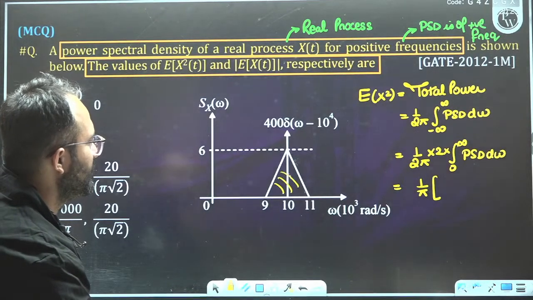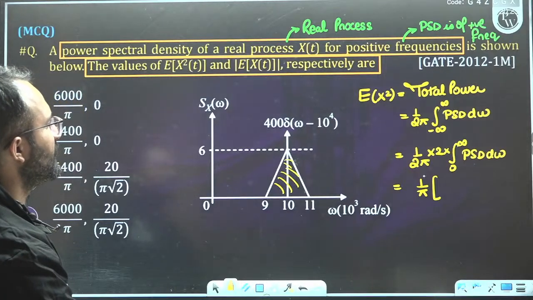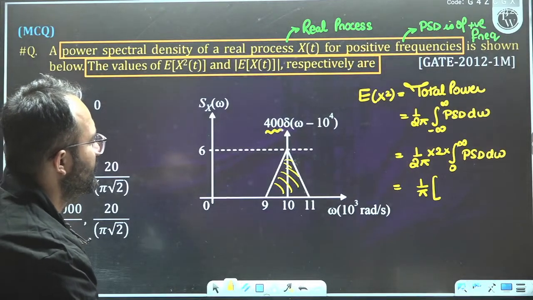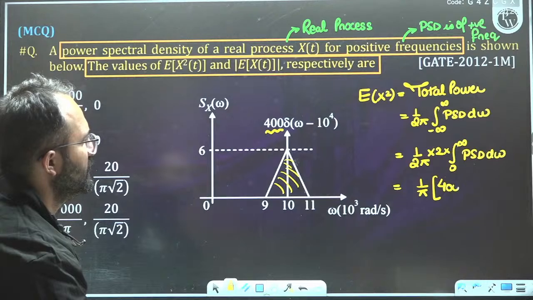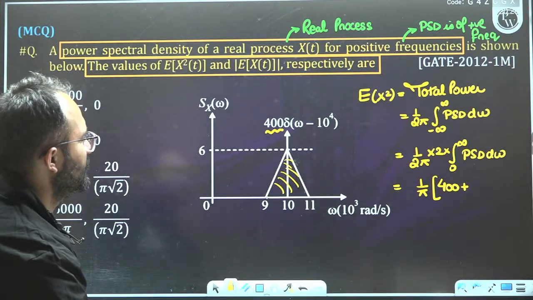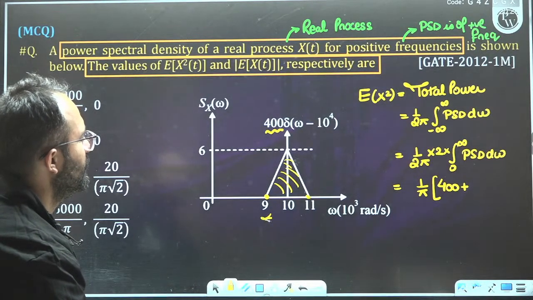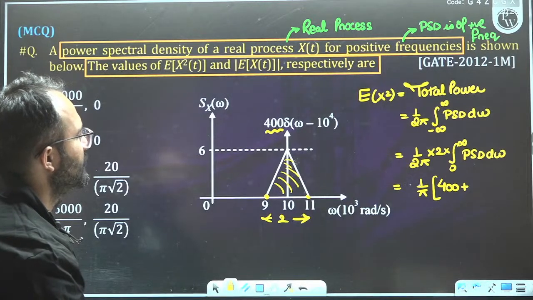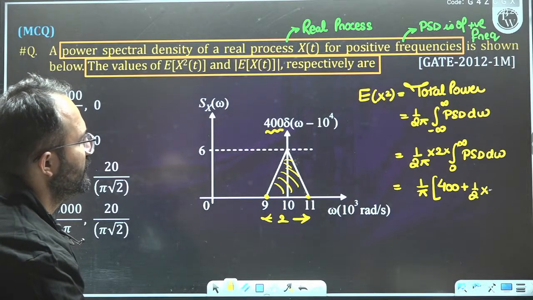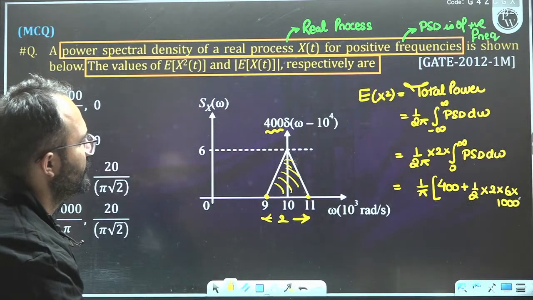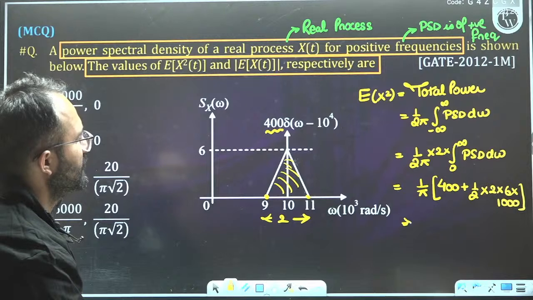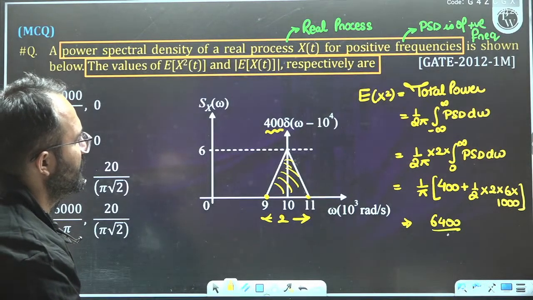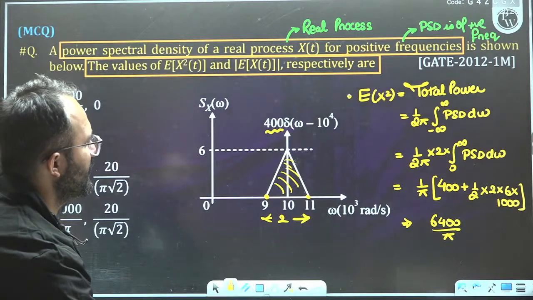We have to find simply the area of this positive part. The area of this delta is 400. Area of the triangle is, the width is 2, height is 6, half base height. This we can say will come out to be 6400 divided by pi. This is the total power.